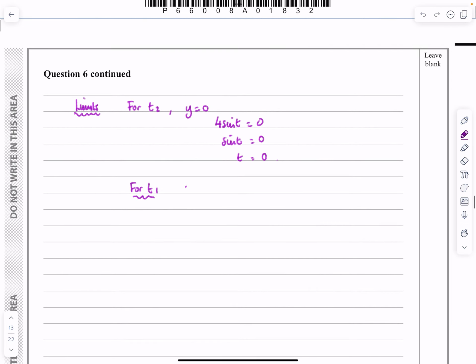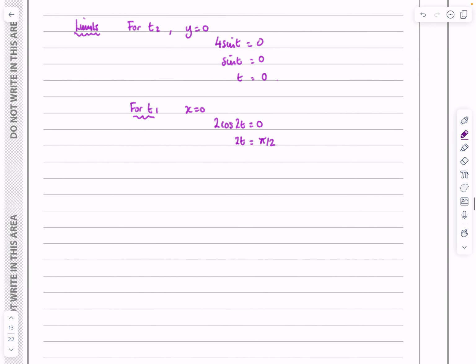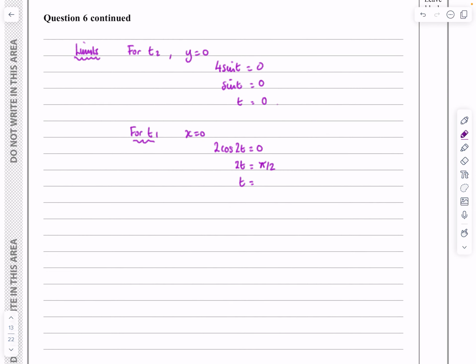So for t1, x is going to be equal to 0, and if x is equal to 0, that means 2 cos 2t equals 0, which means 2t would work out to be 90 degrees, or we're doing it in radians, would work out to be pi over 2, cos 90 is 0, cos pi over 2 is 0. And if that's true, then t is going to be pi over 4. And again, both of these values now are within the range that I need.